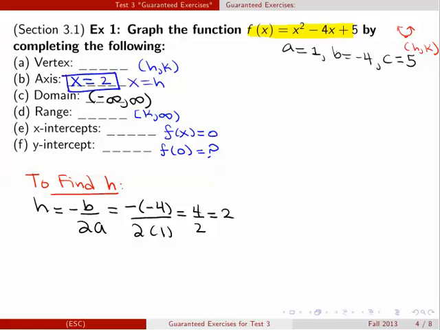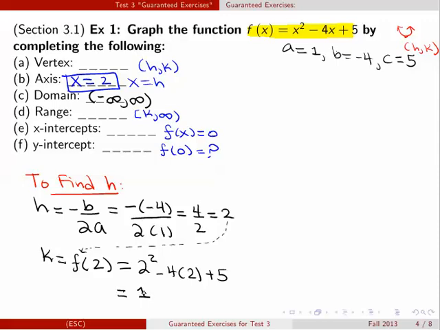Now to find k, what we do is we take the h value and we plug it in the formula for f. So we plug in 2 in the formula and we simplify. When we simplify this, we get 1, and so putting this information together, our vertex will give us the h is 2, so that's the x value, the k is 1.